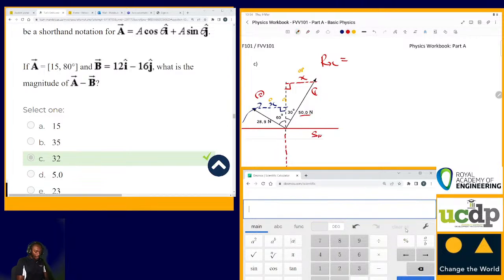So sine 50 equals X, which is opposite, over the hypotenuse, which is 50. So our X becomes 50 sine 30. Our angle is 30, right?